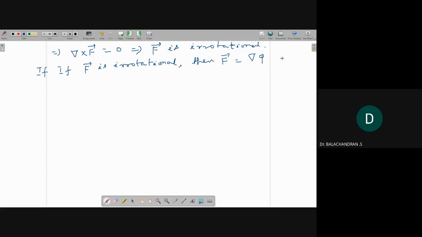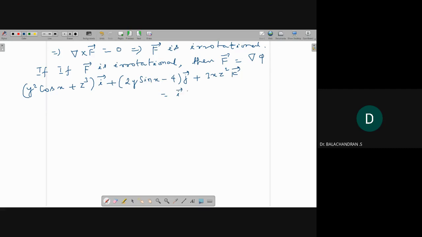So now I am going to use F vector equal to del phi. What is F vector? Please check. F vector equal to (y² cos x + z³) into i vector plus (2y sin x − 4) into j vector plus 3xz² into k vector equal to del phi.